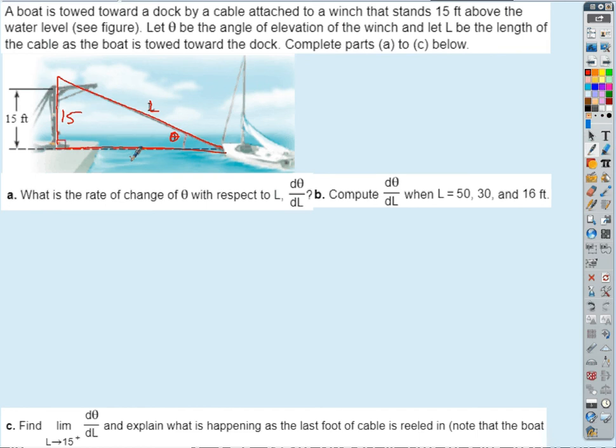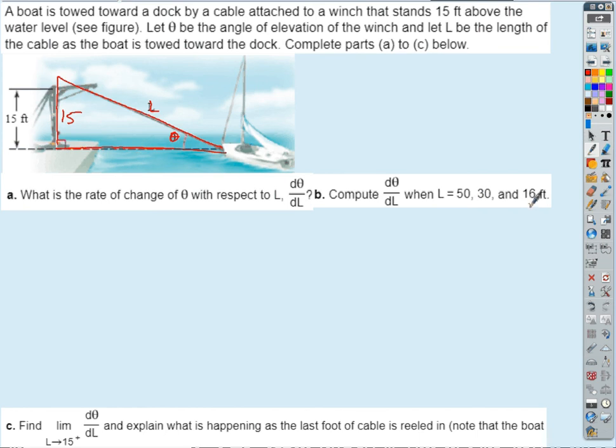Because if you read the question, it says what's the rate of change of theta with respect to L? Well, the only variables mentioned are theta and L. We don't care about this. We could call it X or something. And maybe in a different question we want to know what that is, but we don't need it in this question, right? So let's calculate that rate of change as a function, and then we can evaluate it for different values of L.